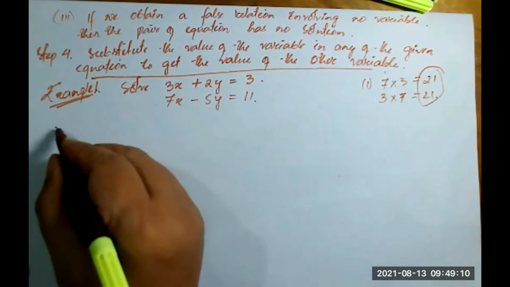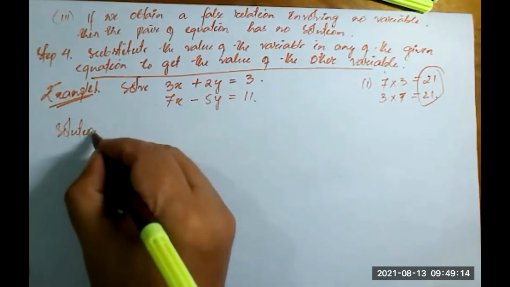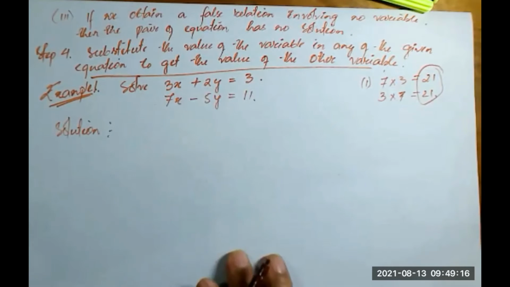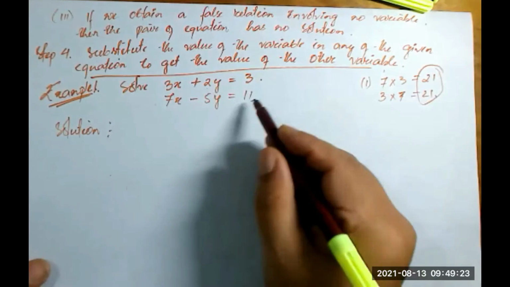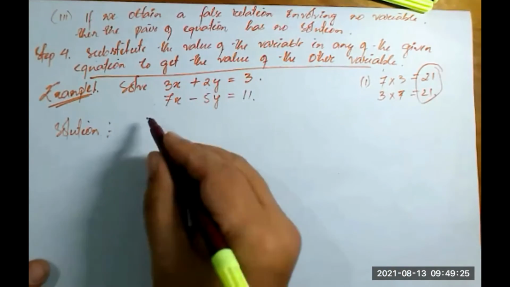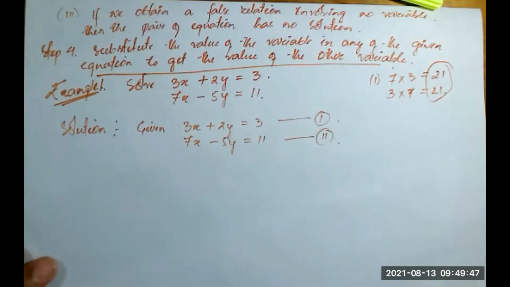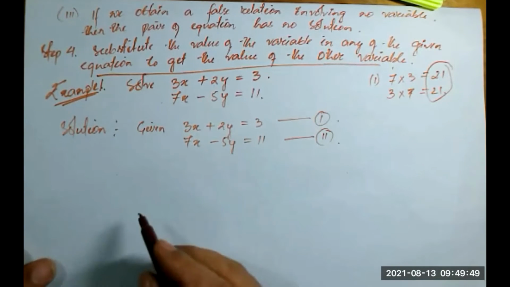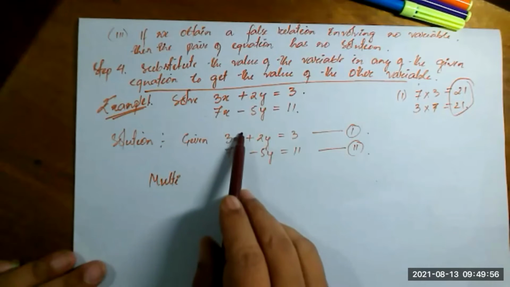So let's start solving it. Solution. So first thing we need to do is let's label these as equation 1 and 2. Solution given. So now let's try to solve it with the x variable.